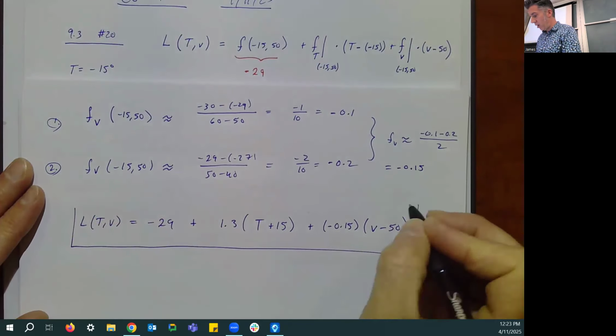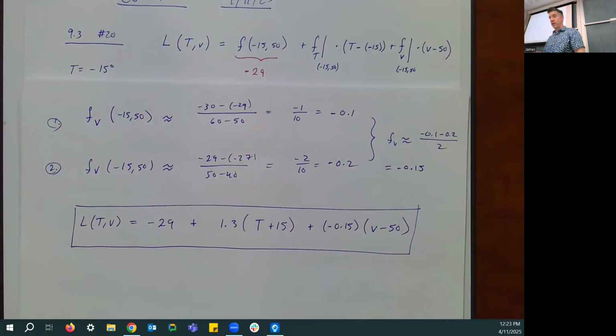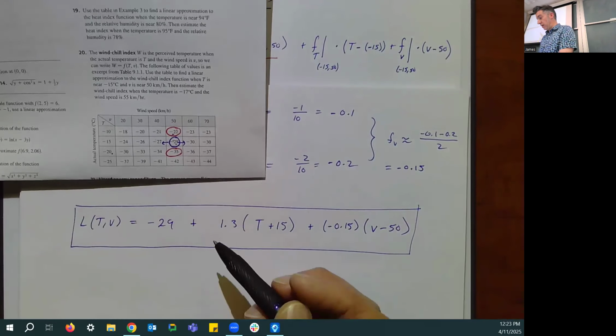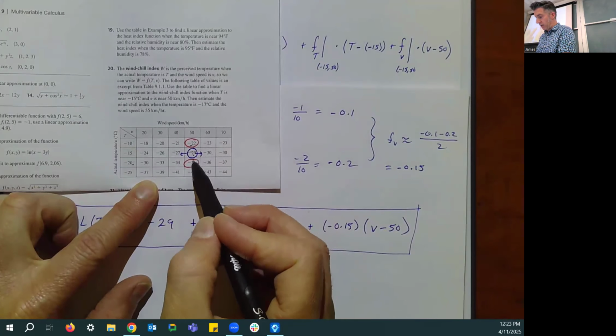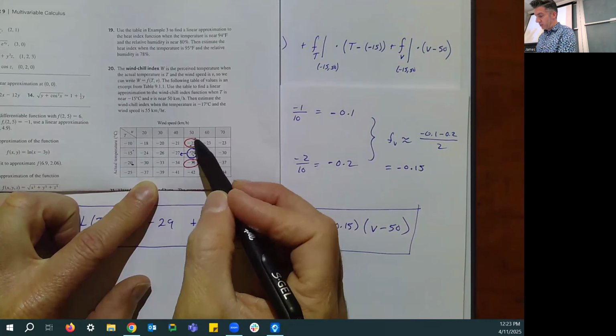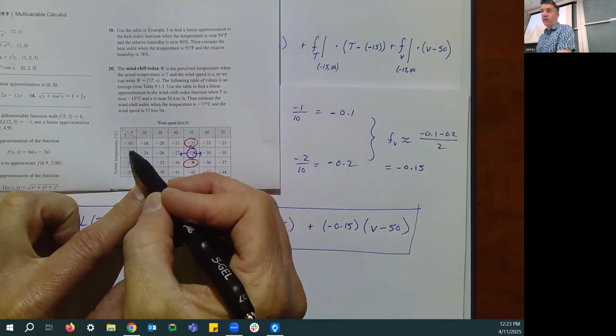And again, I'll point out the hard part of that process in this example is the estimation of the partial derivatives. To estimate the partial with respect to t, I took the difference between these two values divided by the difference between these two values, and then the difference between these two divided by the difference between these two, and then averaged those two results.